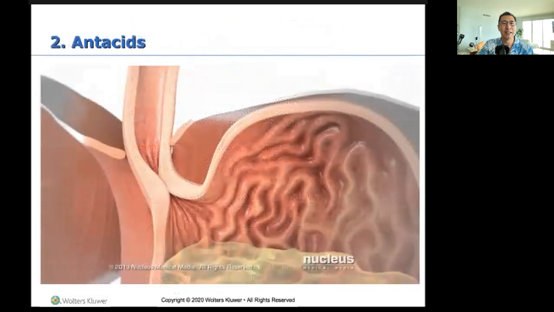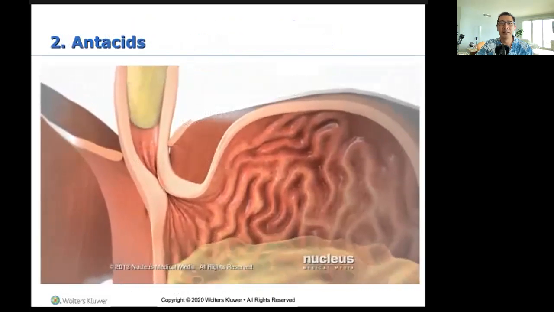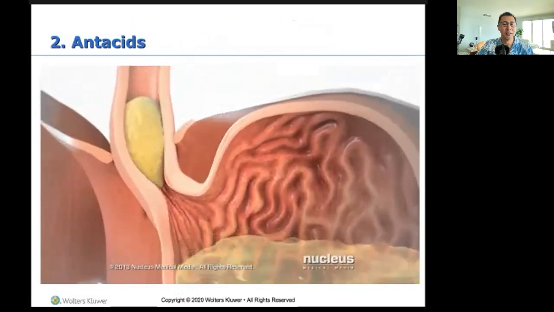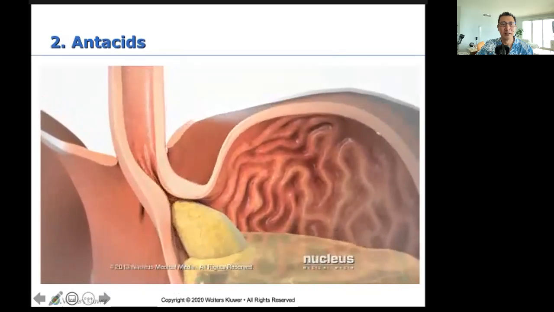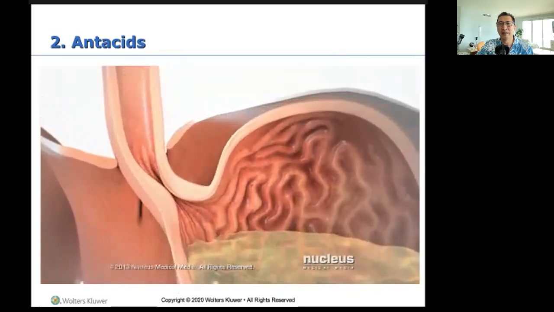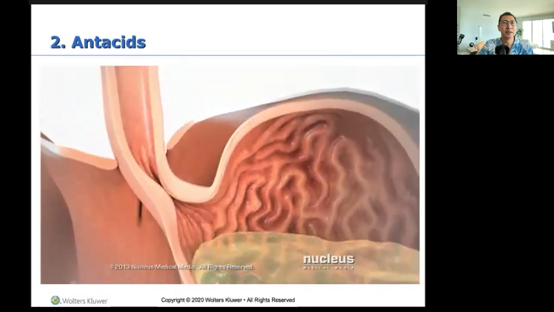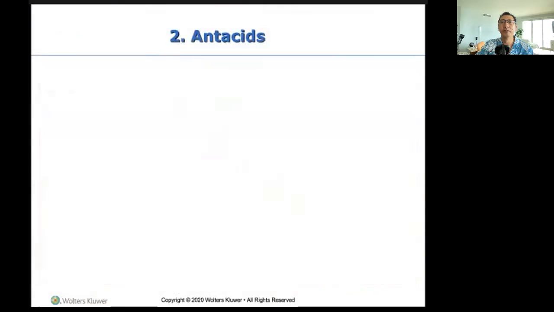Next is the antacids. The goal for antacids is to protect the stomach from its own acid. Look at all these acids, and there might be some ulcers in the stomach that we need to protect the stomach from. So this is what we use it for. There's a mnemonic for antacids.